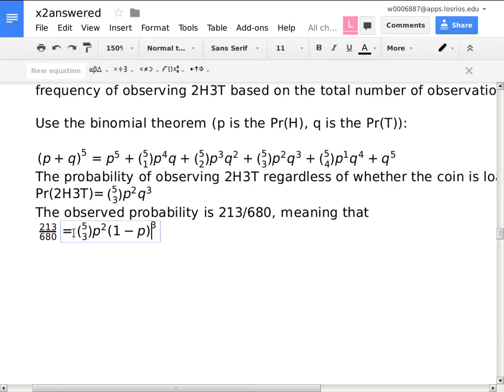Is the number on the right-hand side close to the ratio of the frequencies that I observed? If one is 214 divided by 680 and the other one is 213 divided by 680, it's close enough. On the other hand, if it's 100 divided by 680 on one side and 213 divided by 680 on the other side, then it's different. Then you have reason to suspect the coin is loaded. Is that okay? That's what I'm looking for.